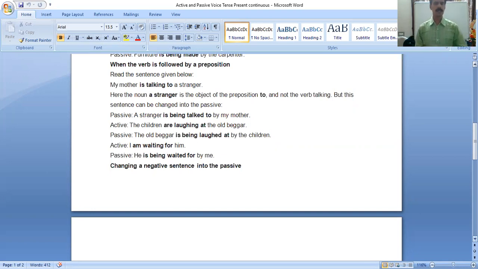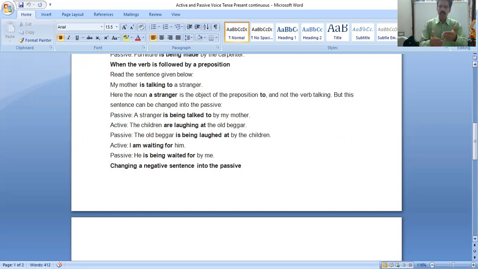Another sentence, let us see. The children are laughing at the old beggar. At is there; it's a phrasal verb. Laughing at means insult, so we cannot omit the preposition at here.